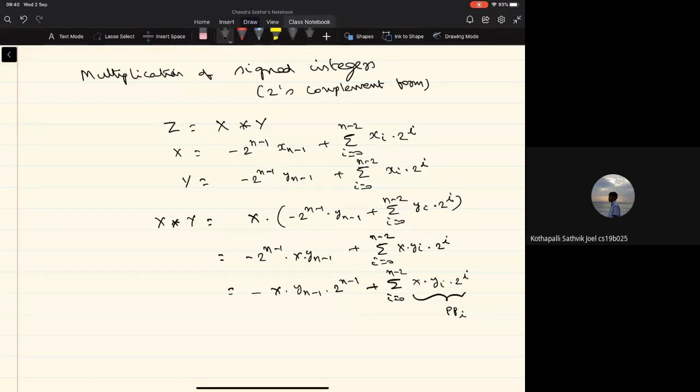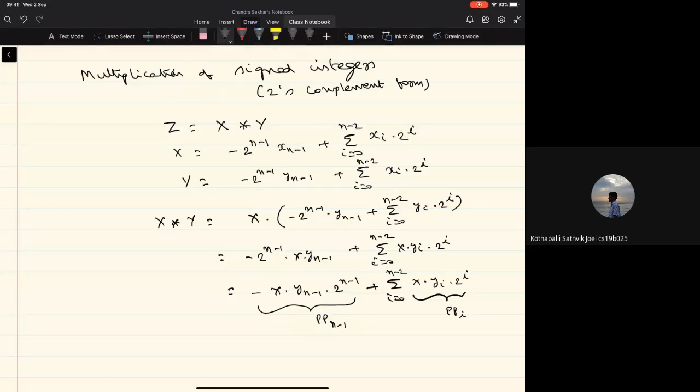But what is the final partial product? It's pp n minus 1. And please note that this pp n minus 1 is different from the ppi. In what way is it different? It's x y n minus 1, 2 power n minus 1.